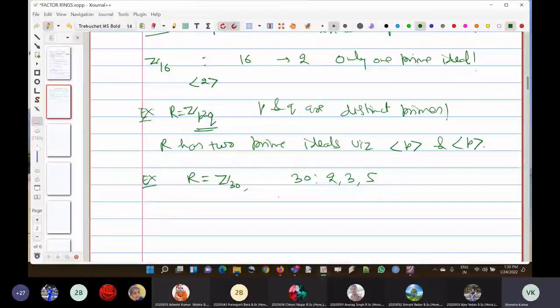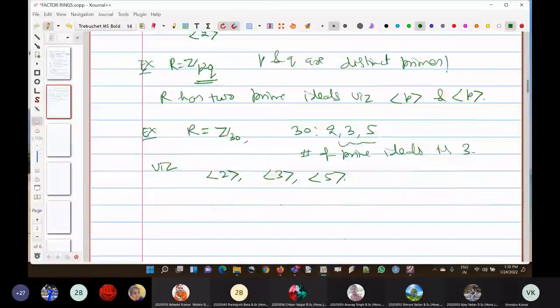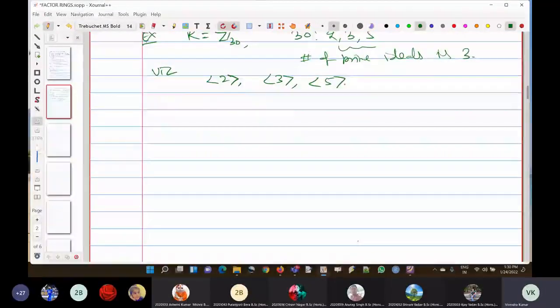So how many prime ideals are there? 3. The number of prime ideals is 3. And namely, what are they? The ideals generated by 2, by 3, and by 5. Okay, let us move further.